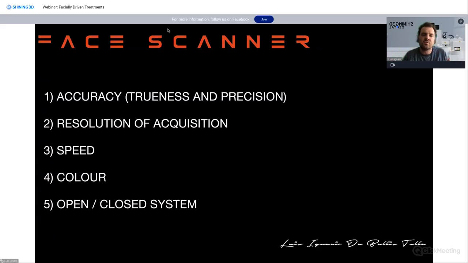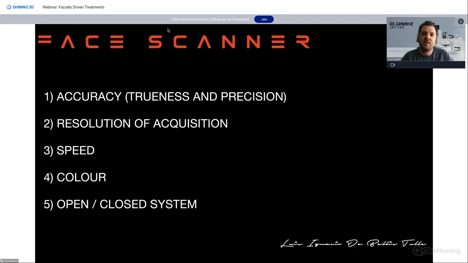Accuracy is under this umbrella of trueness and precision. Then we have the resolution of the acquisition, which is very important. Speed, obviously, nowadays we do not have time and we don't want to spend 2-3 minutes with our patients trying to get a good mesh of their face.